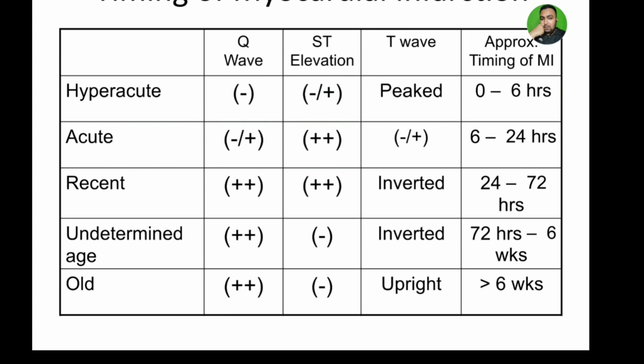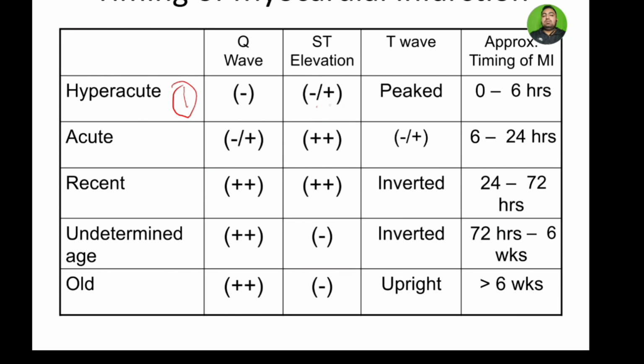Now let us see one by one the significance of all these 3 points in an ECG to consider whether the myocardial infarction is acute, hyperacute, recent, undetermined age, or old. So what is hyperacute MI? Whenever MI occurs in the first 6 hours, it is known as hyperacute MI.